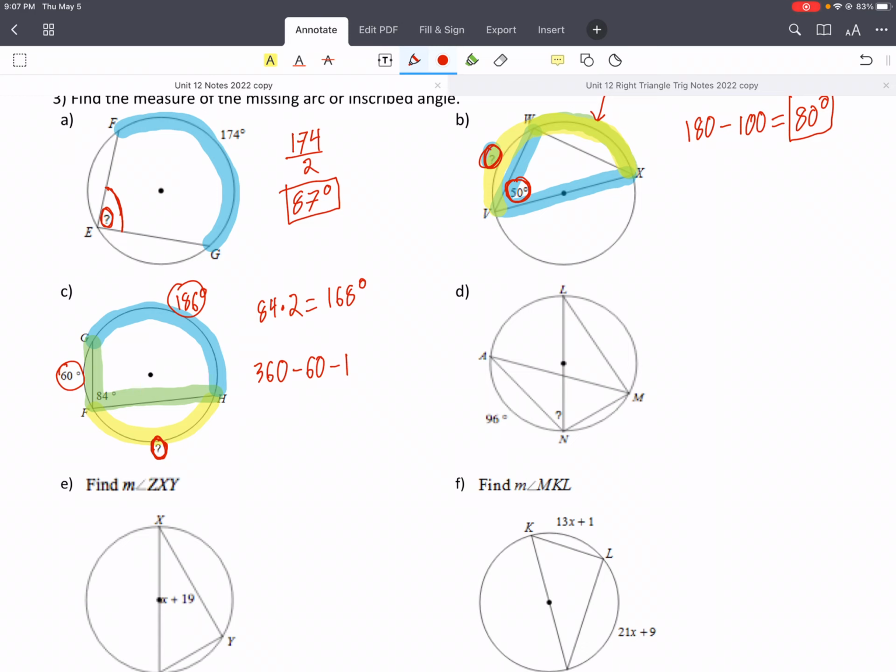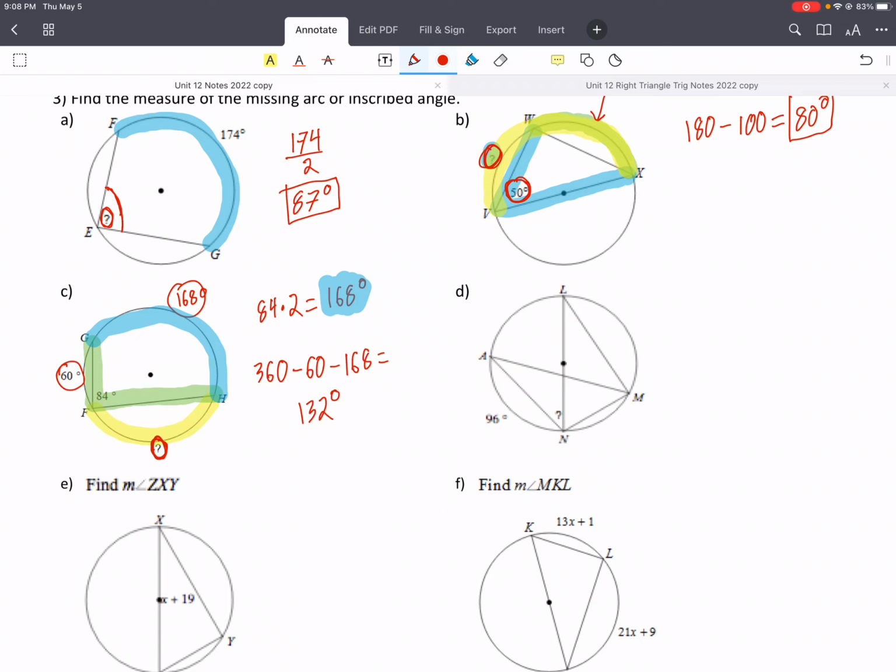Oh, why did I write 186? I'm silly. That should be 168, because that is what we found right here. So we'd subtract 168, and that gives us 132 degrees. Ta-da!